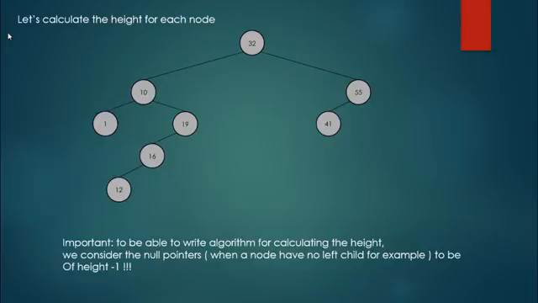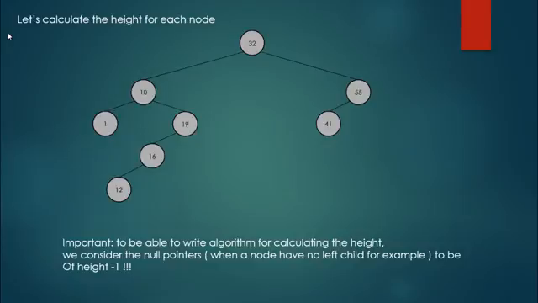And it's very important that, to be able to write a generic algorithm for calculating the height of each of these nodes, we consider the null pointers when a node has no left child, for example, or right child. For example, the node 19 has no right child, so we consider a node with height -1 to be consistent.